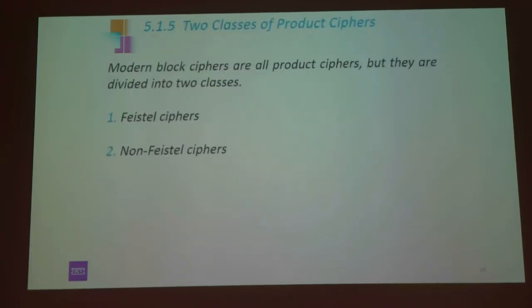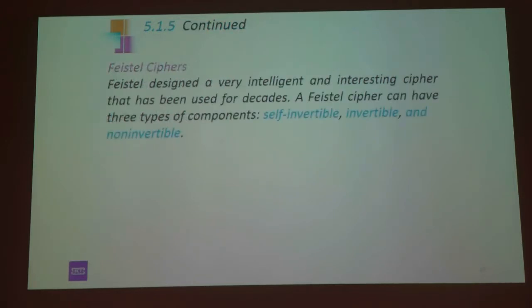So the modern block ciphers are all product ciphers. They are divided into Feistel and non-Feistel ciphers. I think Feistel is a German word. Feistel ciphers are a very intelligent and interesting design that has been used for decades.